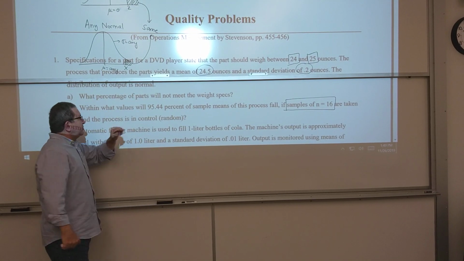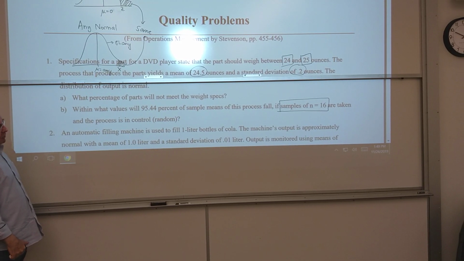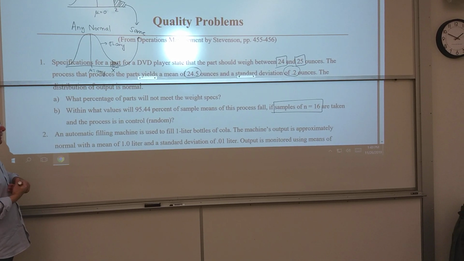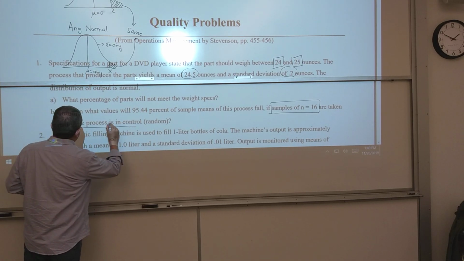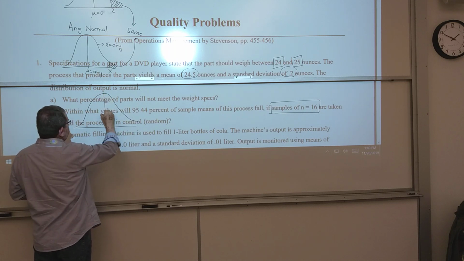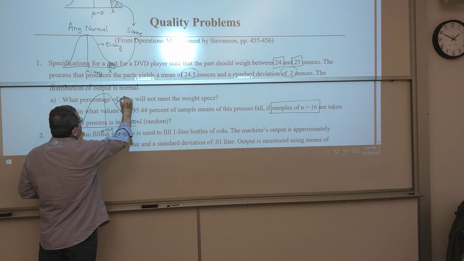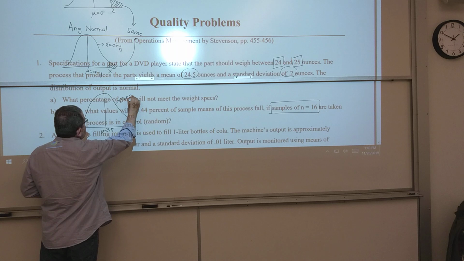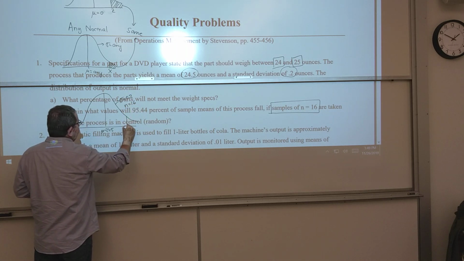The question asks, within what values will 95.44% of sample means of this process fall? So let's draw this again. Here we have this process. The mean is 24.5, sigma is 0.2, n equals 16.